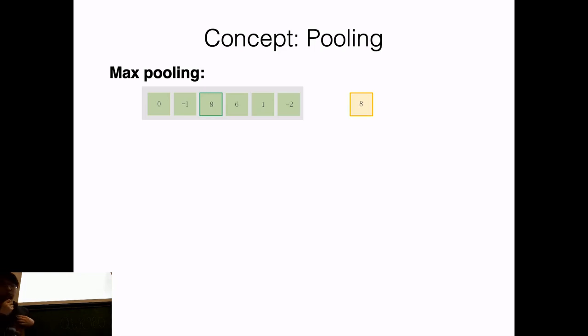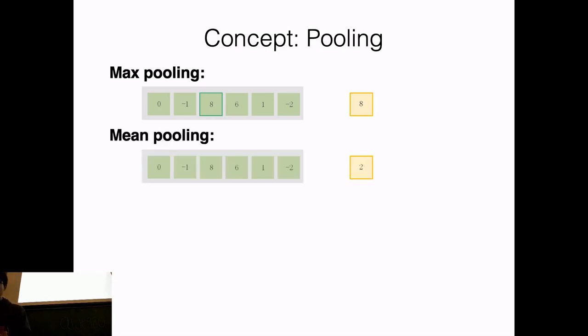For max pooling, it is very easy. Given a vector, max pooling says we just choose the cell with the highest value. For mean pooling, we also want to choose one element from the input vector, and the value is an average of the input vectors.